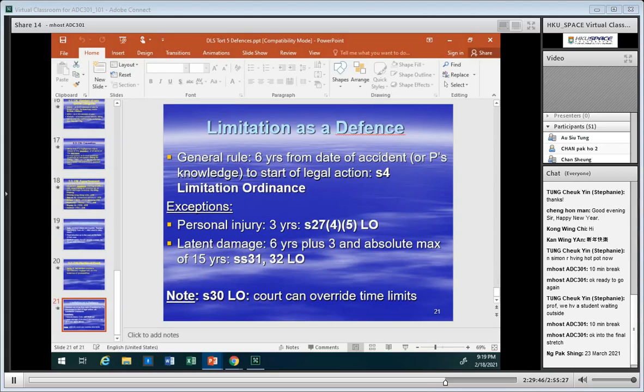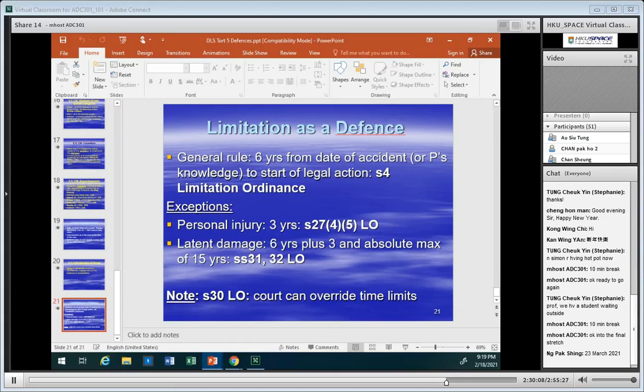I think the only must know period is for personal injuries, because in exam questions it's normally a personal injury case. The time period is 3 years from the date of the accident, or 3 years from when any injury was reasonably discoverable.